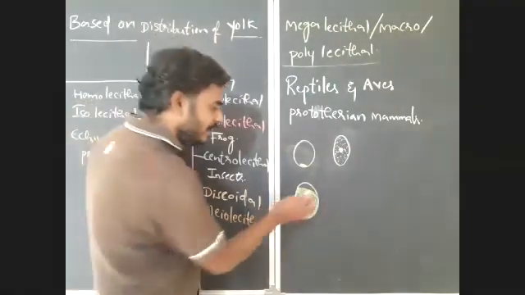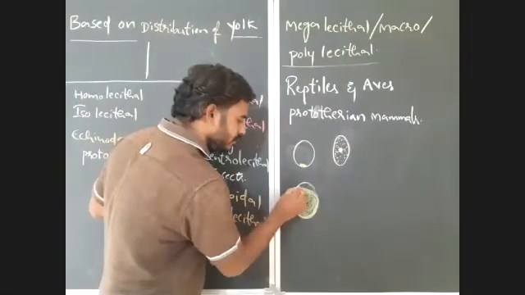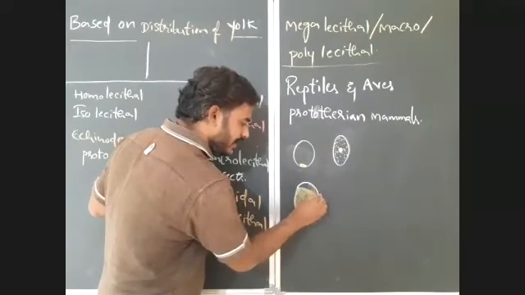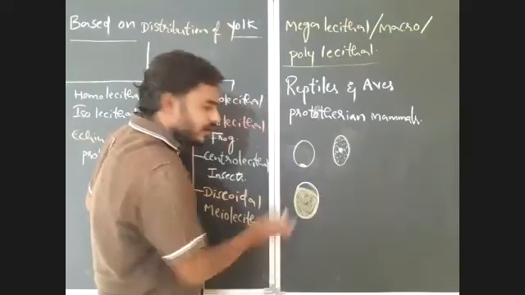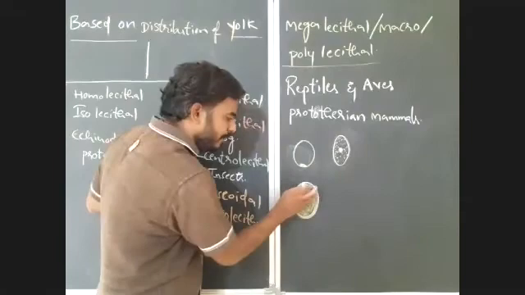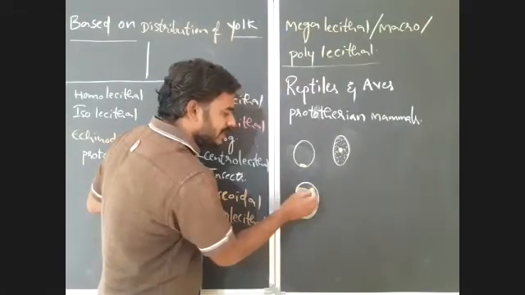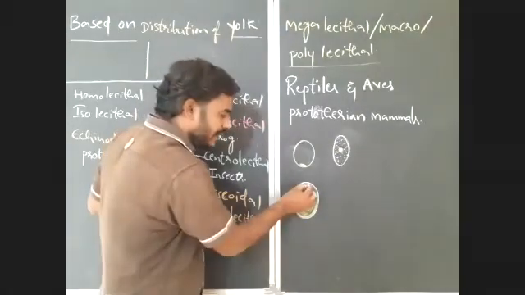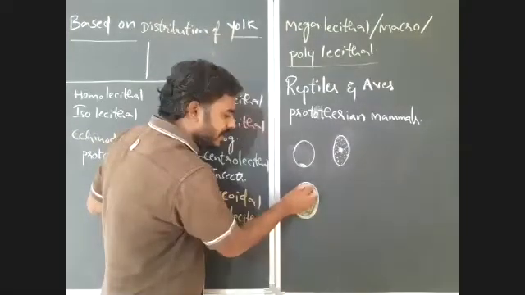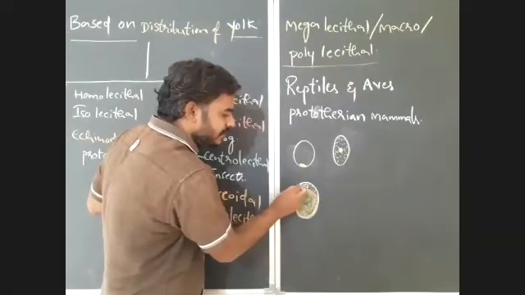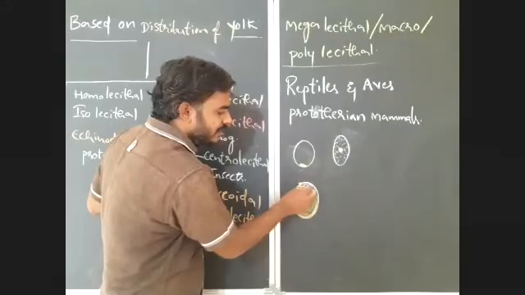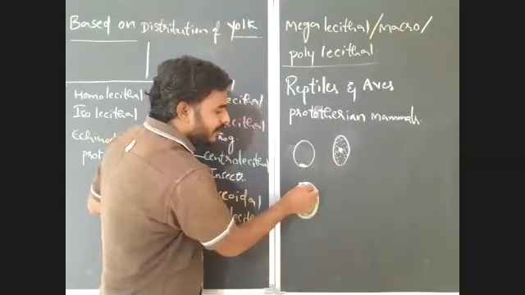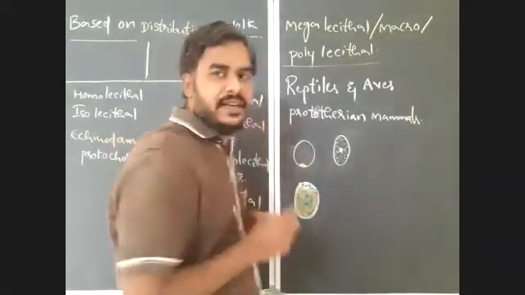And the nucleus and the cytoplasm will be pushed towards the peripheral region, and the nucleus and cytoplasm appear in the form of a small disc at one end.